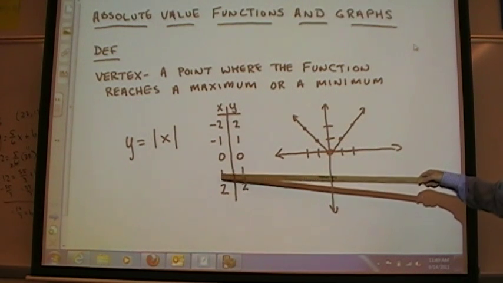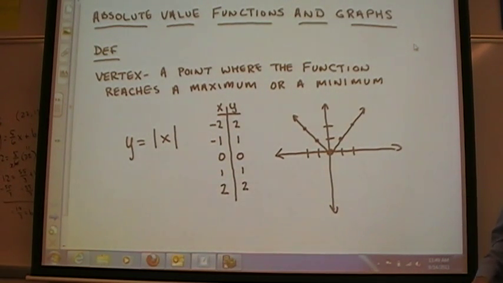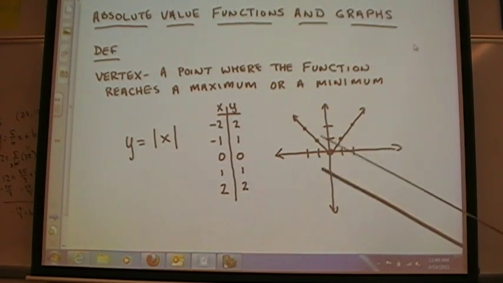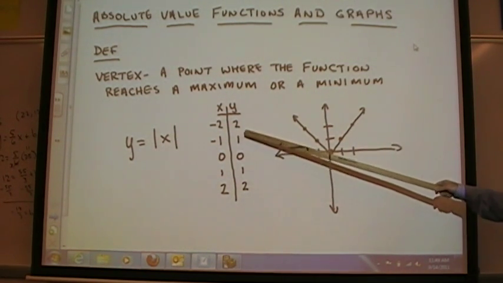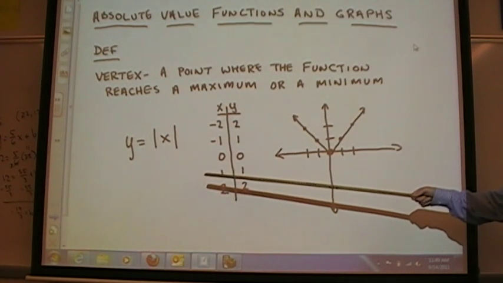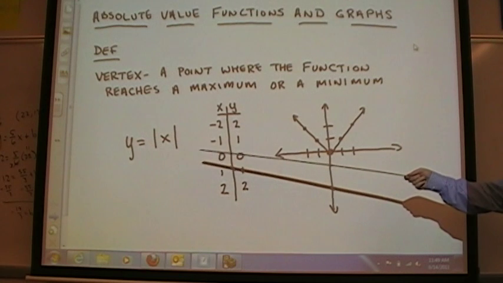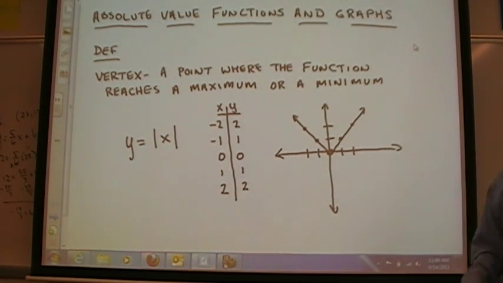That's what corresponding means: they're both the same distance from the vertex. Therefore, since an absolute value function is symmetrical, they must have the same y value. So once you figure out one of them, you don't have to go through all the work. There's not a lot of work in this one, but in other problems there might be more, and you don't have to go through all that work if you pick corresponding points.